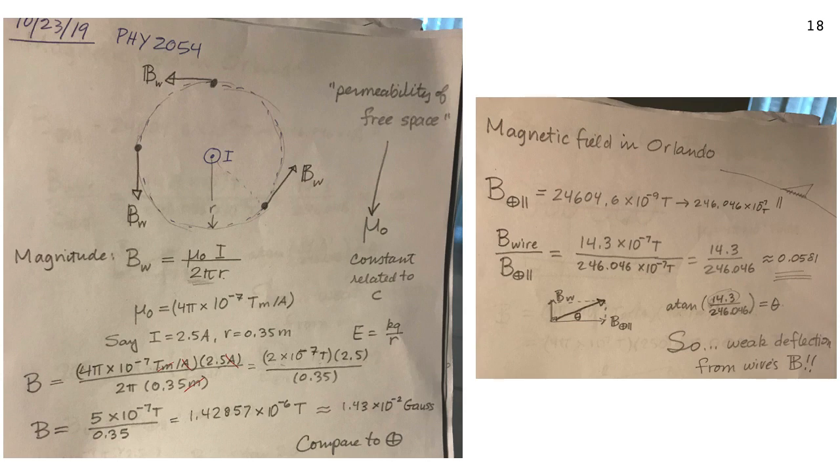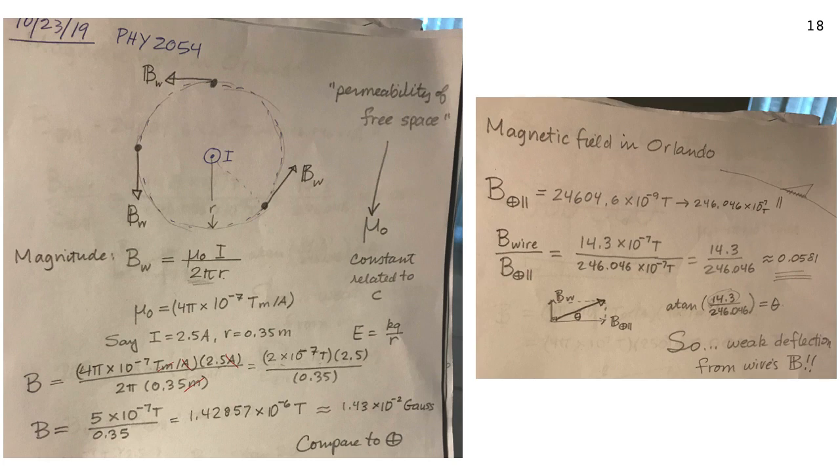All right, now that's, I think it's a NOAA website or US Geological Survey website that provides that. Now let me convert that to 246.046 times 10 to the minus 7 Tesla. All right, so that's the field strength at the Earth.